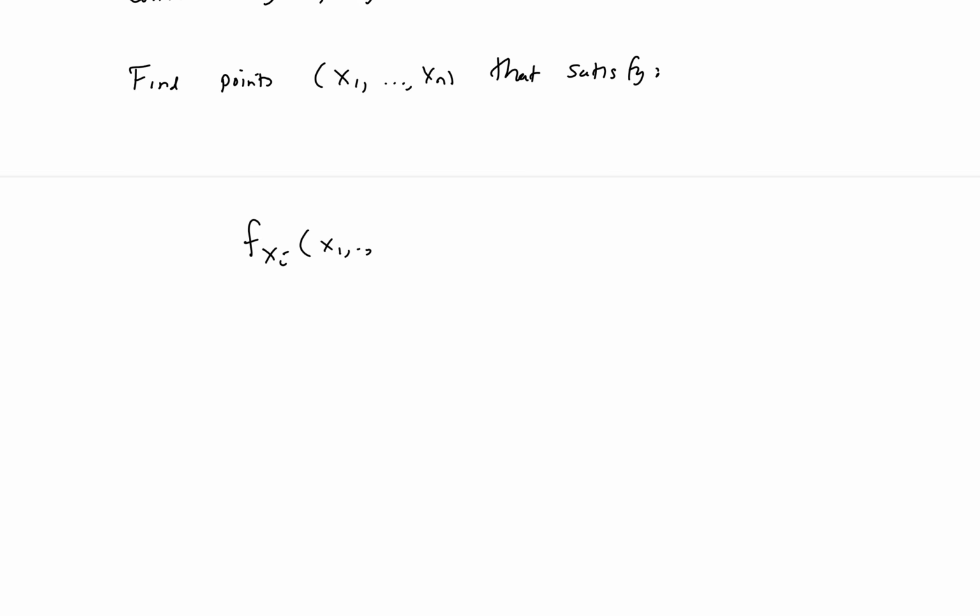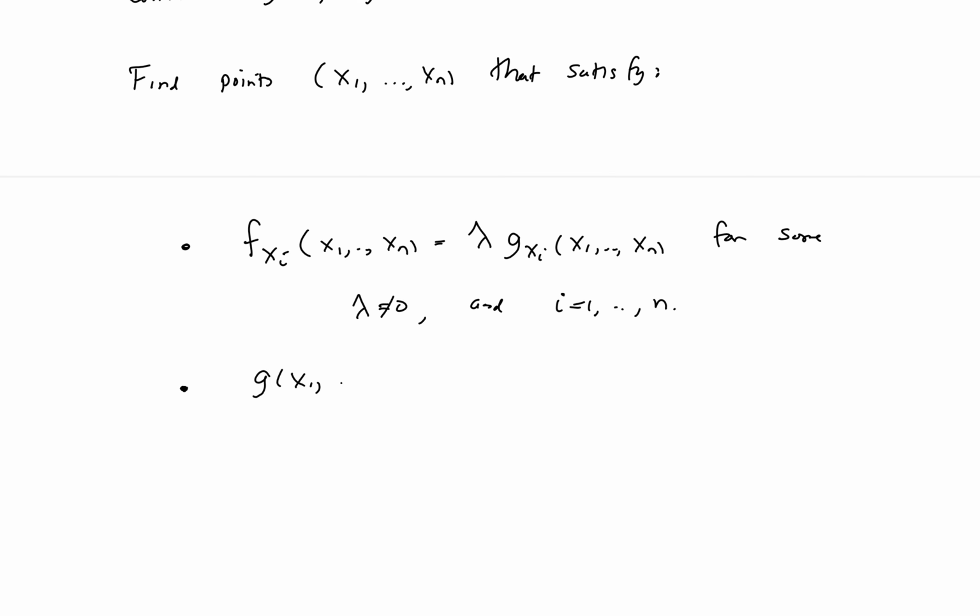So we have to do this for each of the i's all the way from 1 to n, and then we still want the point to satisfy the constraint as well. So we can see this is just a direct generalization where instead of just doing this for 2 partial derivatives, we have to do it for n partial derivatives. So let's check this out with an example.